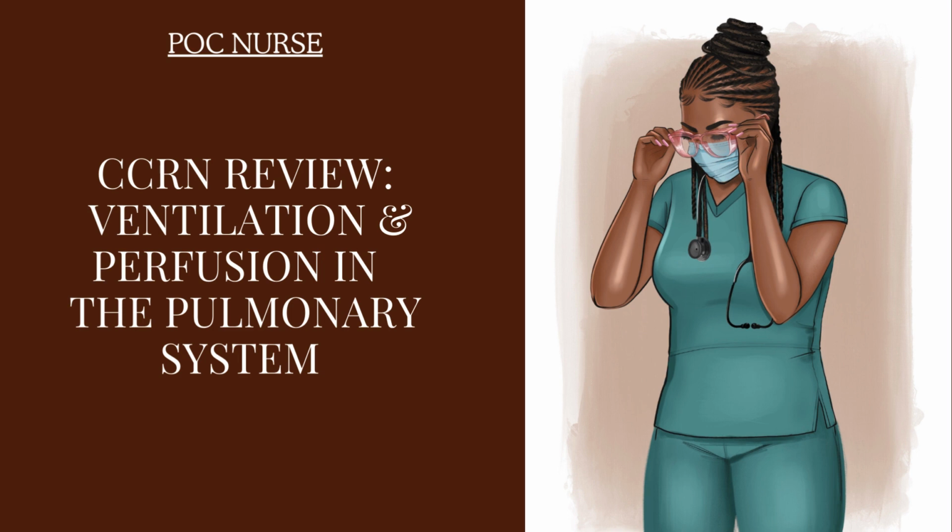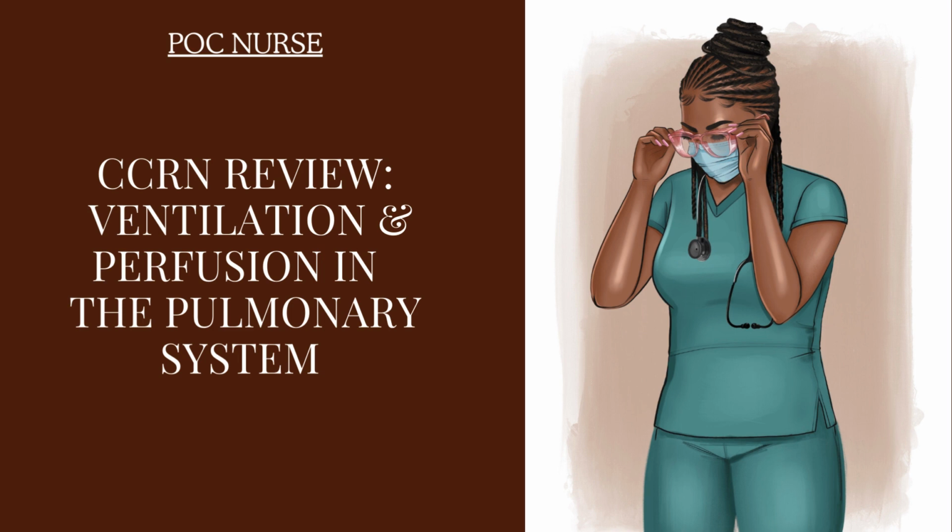So, for inspiration to happen, which is breathing in, inhalation, movement of atmospheric air into the lungs, the brain has to send a message down to the diaphragm. The diaphragm and the external intercostal muscles contract, the size of the chest increases, and air rushes into the lungs because there's decreased pressure in the lungs.